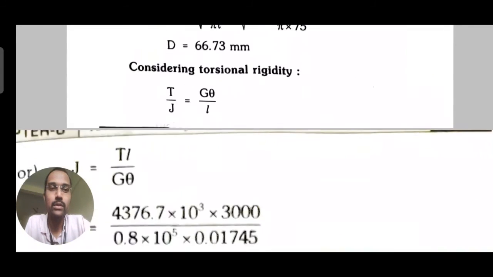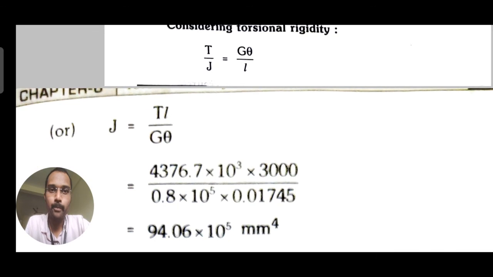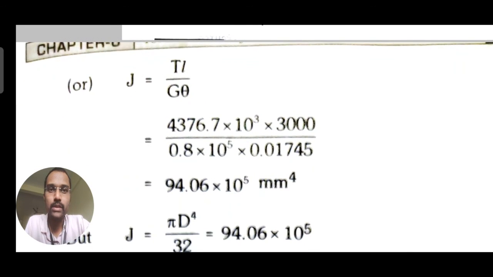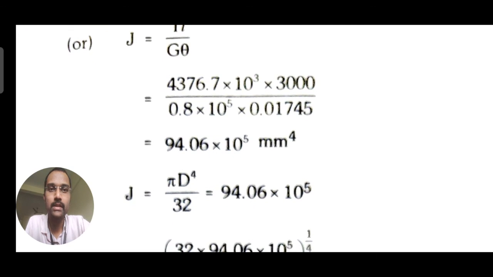We know all these values except the J, right? So J we can find from these known values. Substituting all the values, the J we get is 94.06 into 10 to the power of 5 mm to the power of 4.